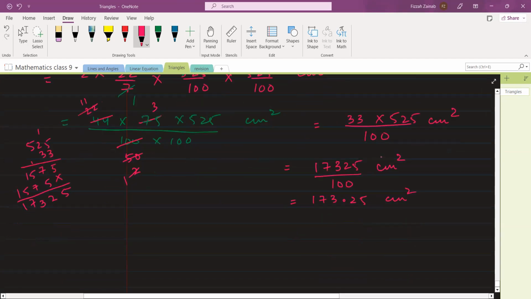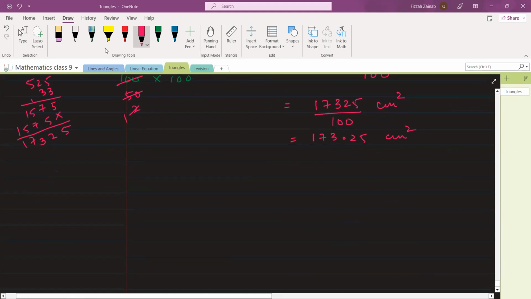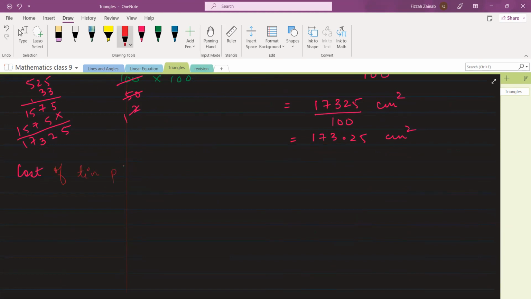So some cost is also given in the question. So cost of tin plating, right? No, first of all, rate is given in the question. So rate of tin plating. Now it is given that it is rupees 16 per 100 centimeter square, right?